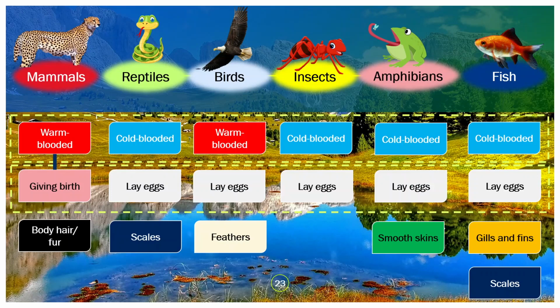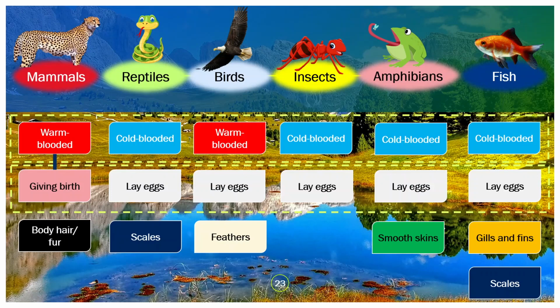Warm-blooded is for the mammals and birds. Can you see that on the first row? If they are warm-blooded, they won't be cold-blooded. So mammals and birds are warm-blooded, and the other four are cold-blooded.